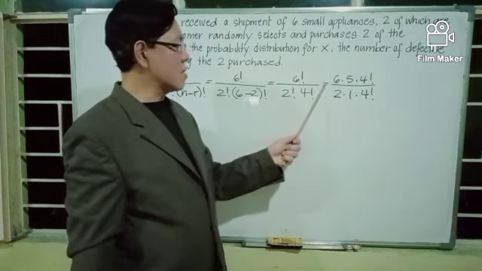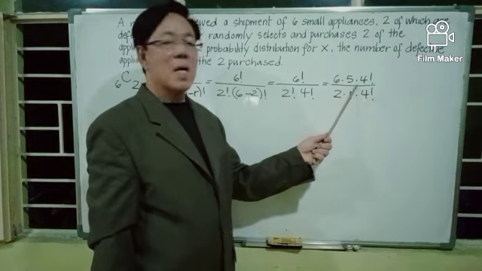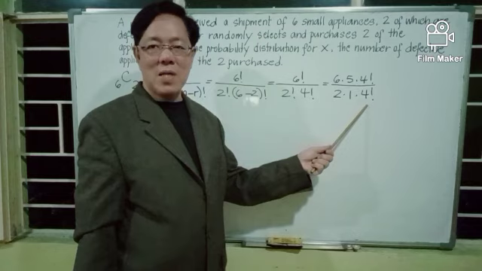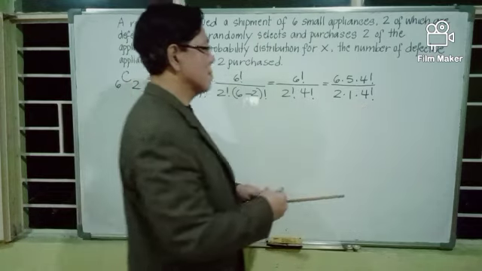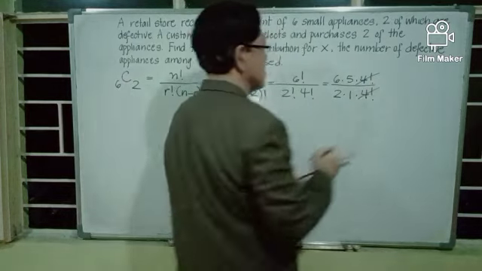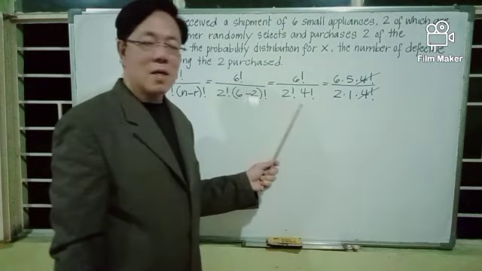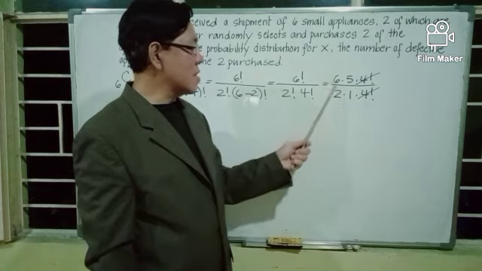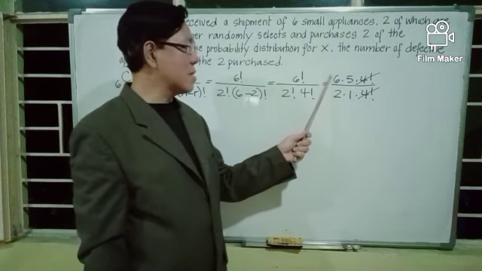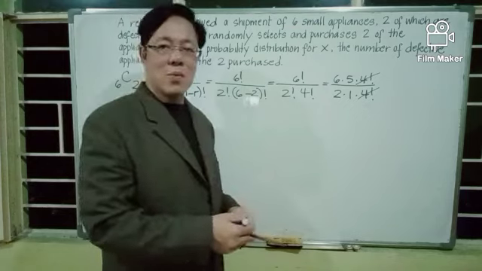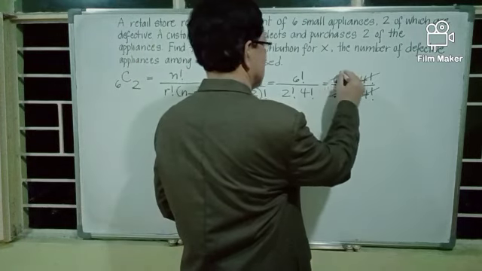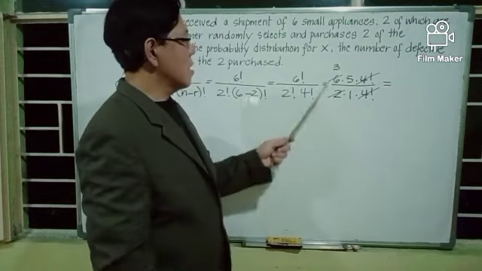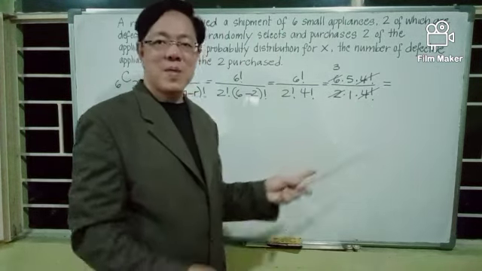Six factorial is equal to 6 multiplied by 5 multiplied by 4 factorial. And this 4 factorial will cancel out with the 4 factorial in the denominator. 2 factorial is equal to 2 multiplied by 1, or simply 2. And 6 is divisible by 2, so we divide 6 by 2, and it's equal to 3. And 3 multiplied by 5 is 15.